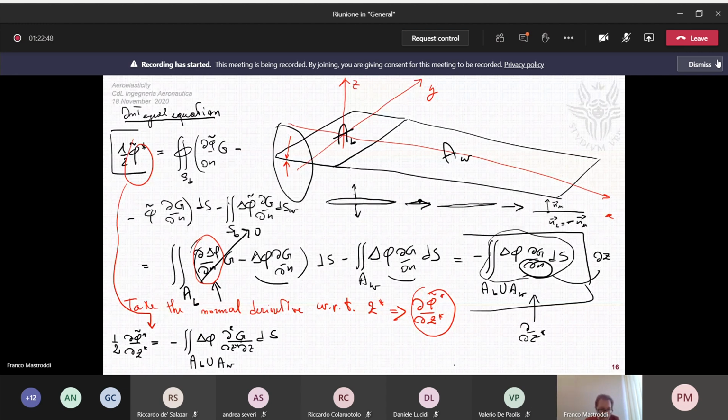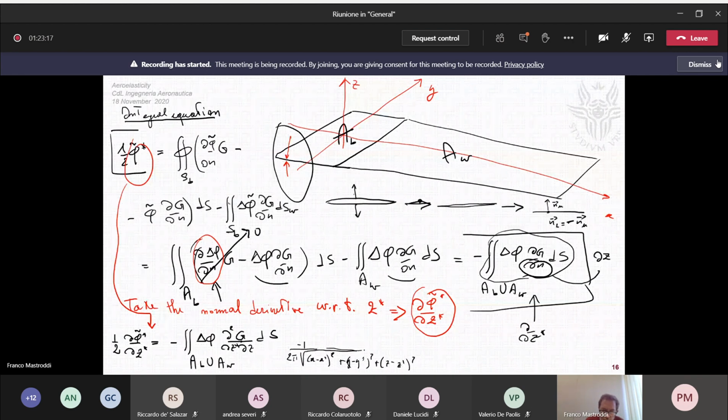Do you remember the dependency of G on zeta and zeta star? We have 1 over 2 pi R, where R is the square root of x minus x star to the power 2, y minus y star to the power 2, zeta minus zeta star to the power 2.